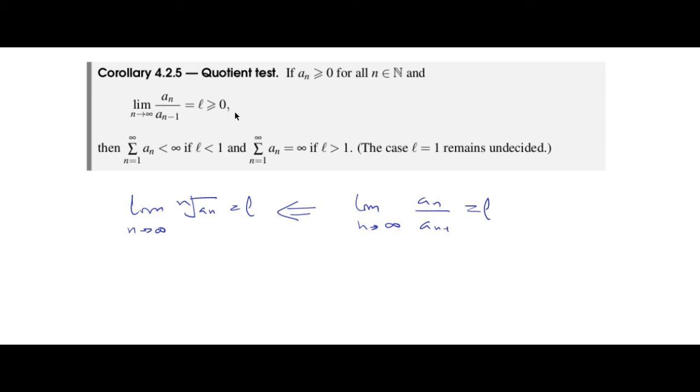So if this is true, then we know this is true as well from the corollary from Stolz theorem, okay?